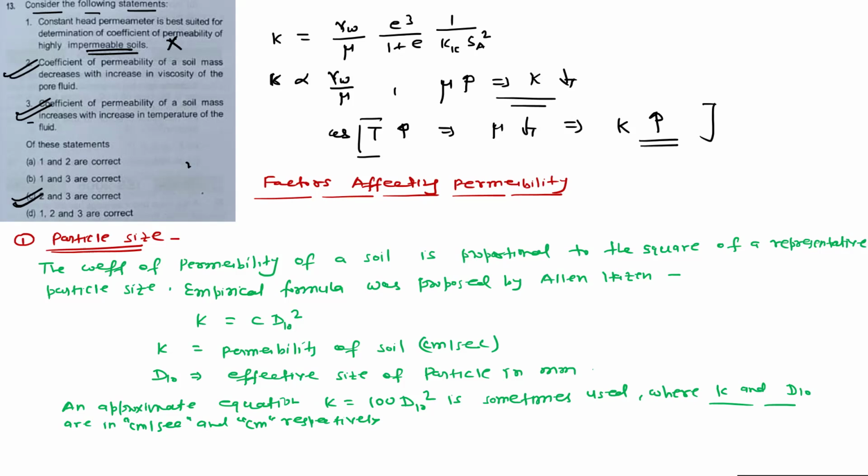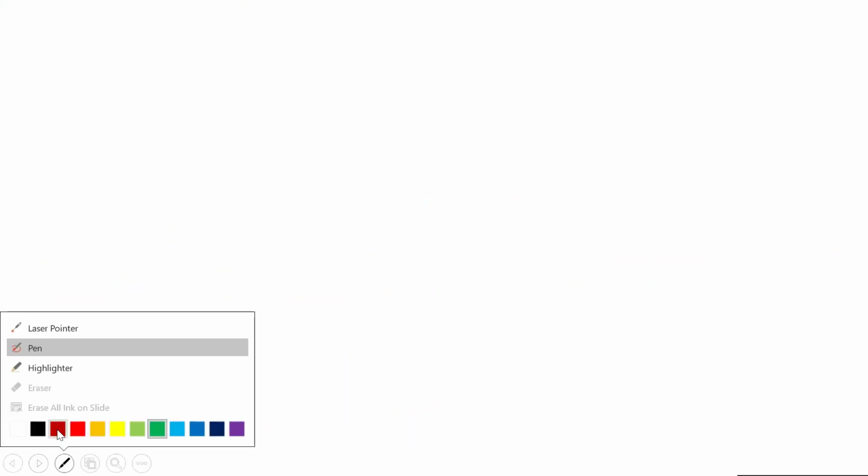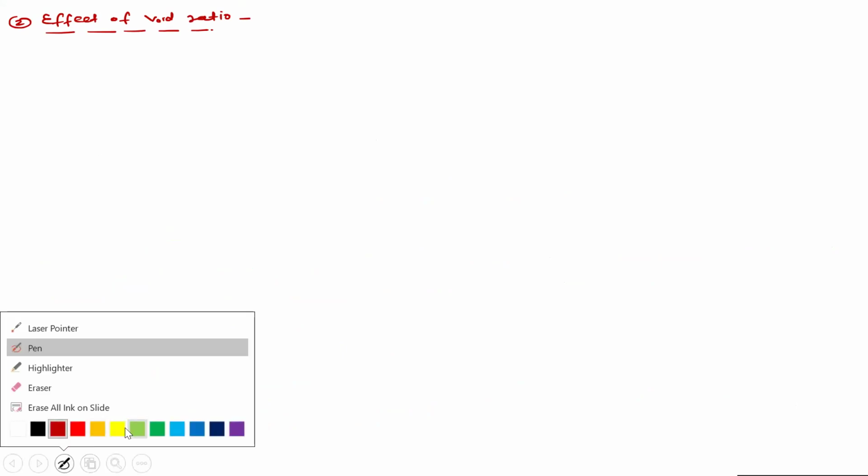Now second is the effect of void ratio. According to Taylor, K is directly proportional to e cubed divided by 1 plus e.